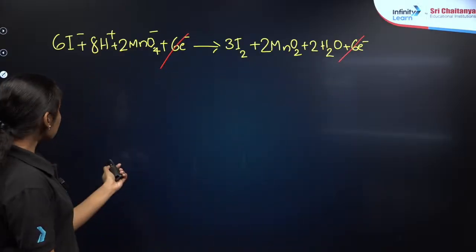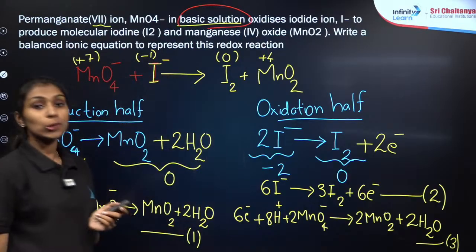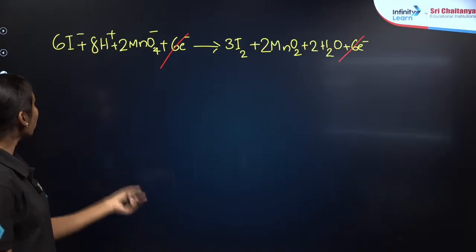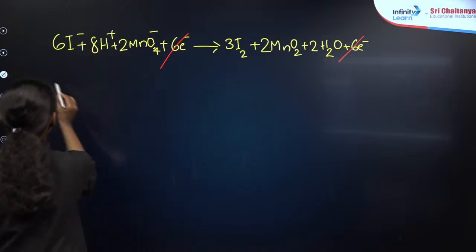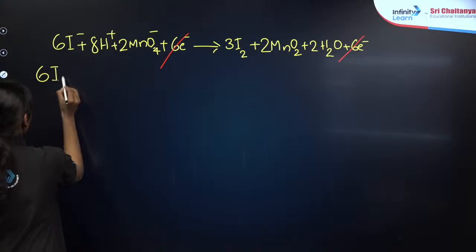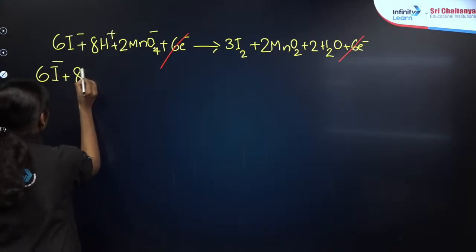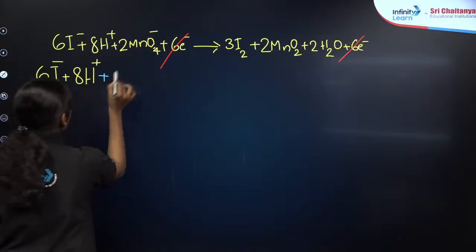Here in the question it is mentioned that the solution is in the basic medium. So we have to add the same number of OH minus to both sides. So I am adding here 6I minus plus 8H plus plus 8OH minus, right?